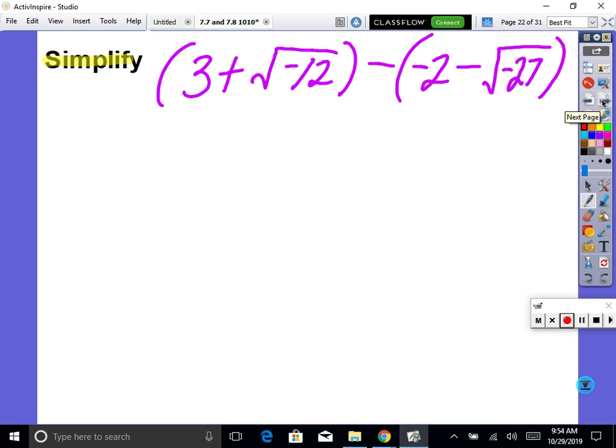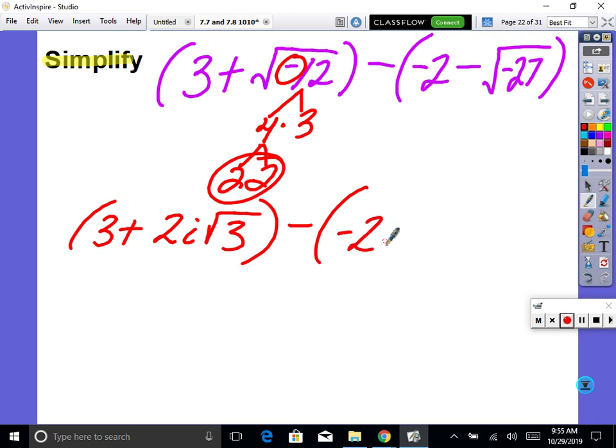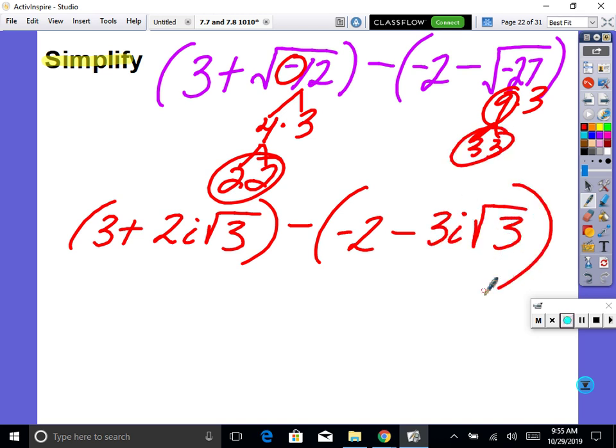All right, so with this one, let's practice this one. This breaks down into 4 times 3, 2 times 2. So 2i root 3. We have 3 plus 2i root 3. Minus sign. We have -2 minus 3i root 3. Good, so 3 and 3, so that's why you're saying 3i root 3. True?